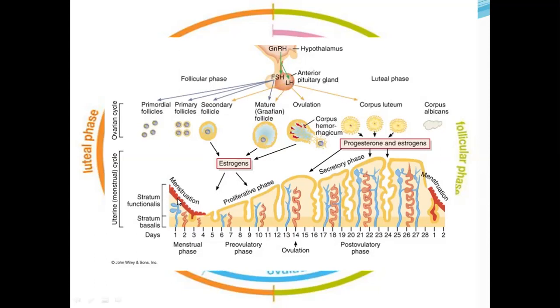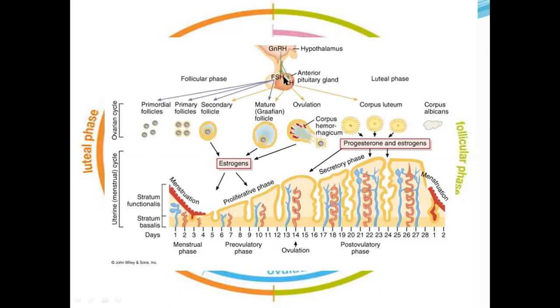In this phase, bleeding happens from the female body because of shedding of the endometrium lining of the uterus, right? At this time, the hypothalamus is stimulating the anterior pituitary gland and it is producing follicle stimulating hormone.